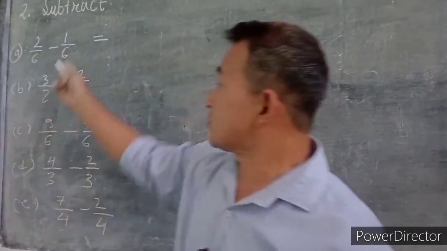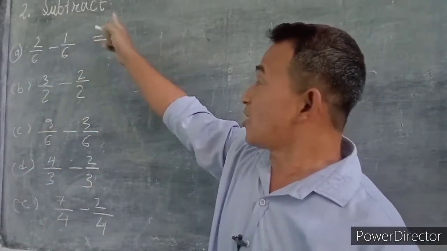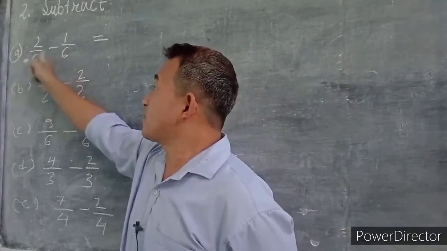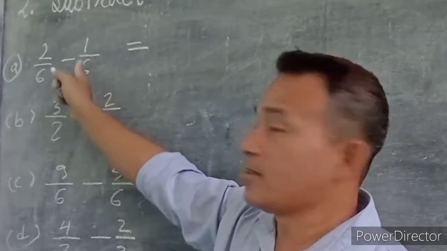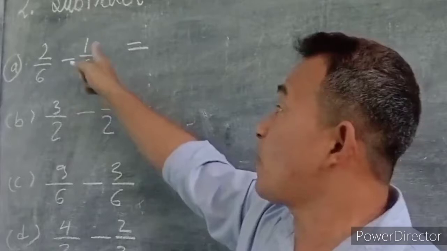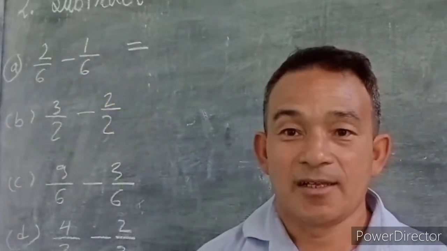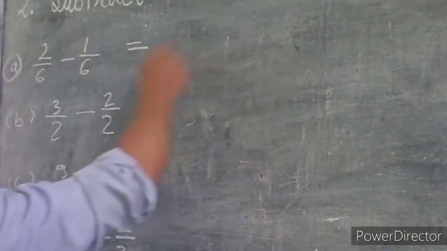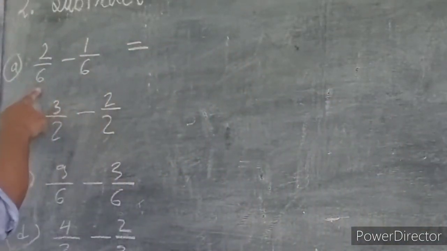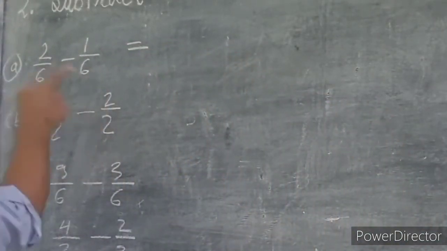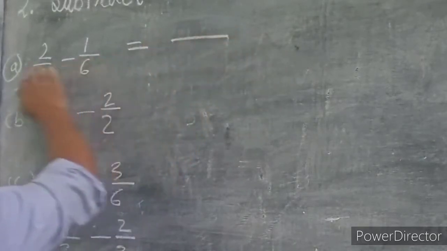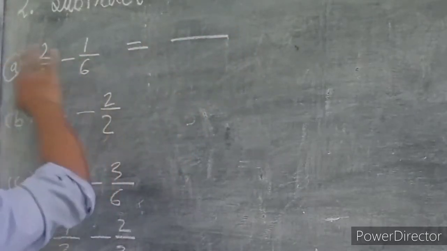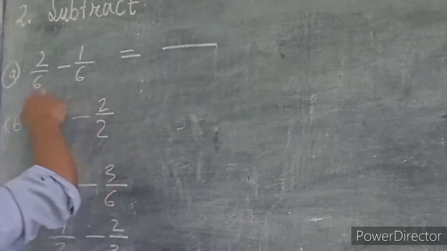Here is question number 2, subtract 1 by 6 from 2 by 6. This is also the same method. First we need to check the denominator. Here we have a common denominator, that means these fractional numbers are like fractions, and it is 6.